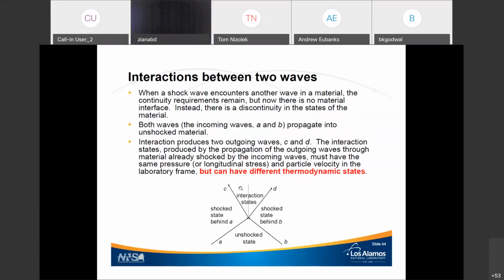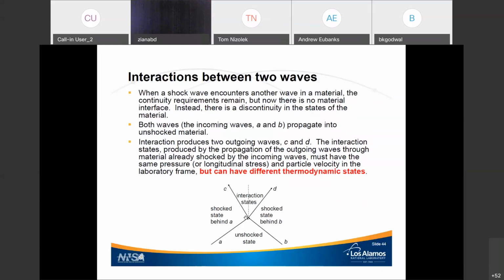They still obey the equation of state of the material, but the only thing that we have constrained thermodynamically is pressure across this interface between the material that was initially shocked behind shockwave B and the material that was initially shocked by shockwave A. So P and, in this reference frame, particle velocity are the same.